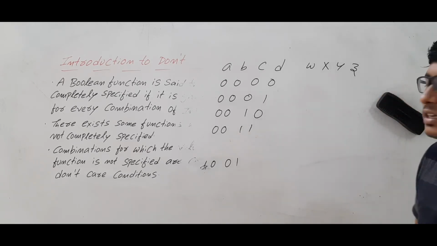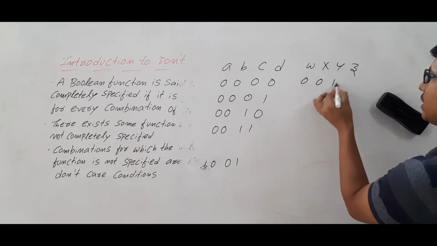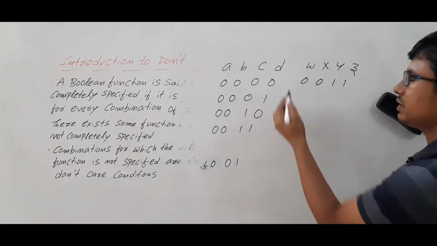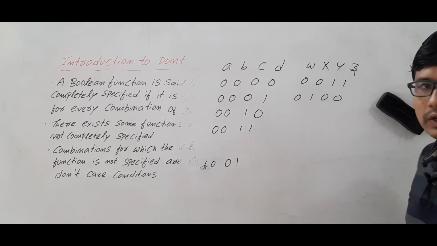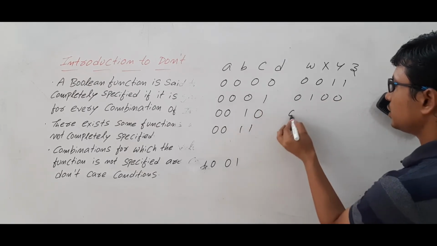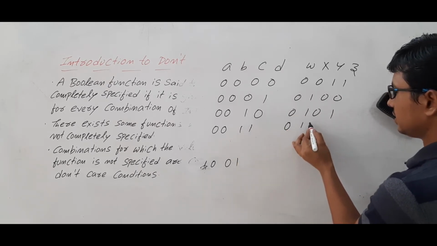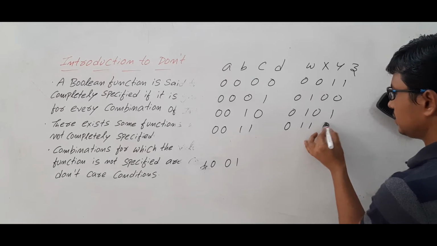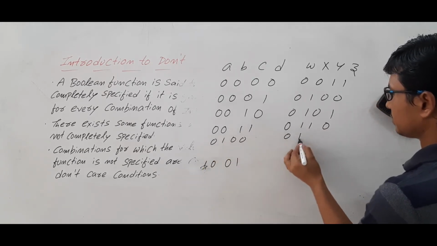So the XS3 format values will be like this. 0011: for 0 you will get 3. For 1 you will get 4. Will you agree with me? For 2 you will get 5. For 3 you will get 6. For 4 you will get 7.